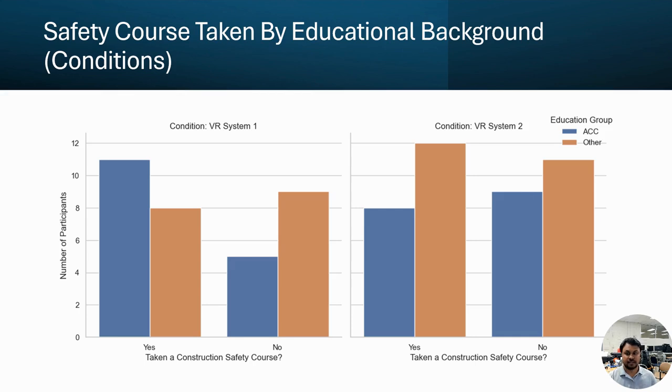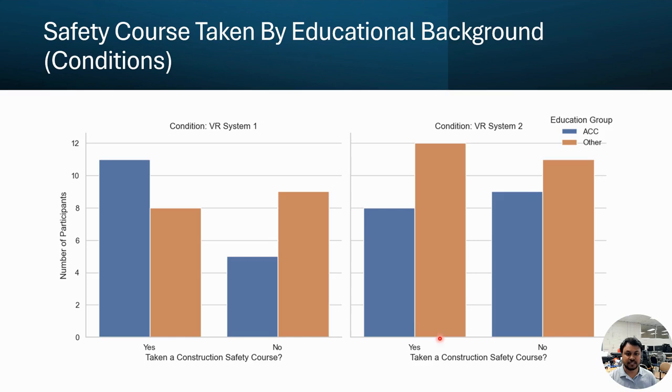Okay, now the safety course taken by educational background. Here you can see the ACC, that means those who are coming from an architecture, construction, and civil background. Those are called here ACC, and those who are not coming from a construction, civil, or architectural background, we call them the others.